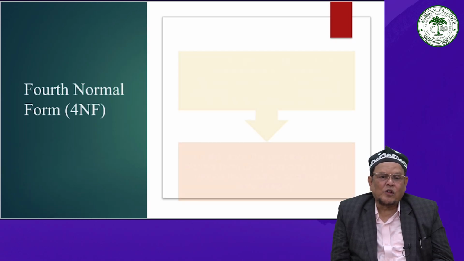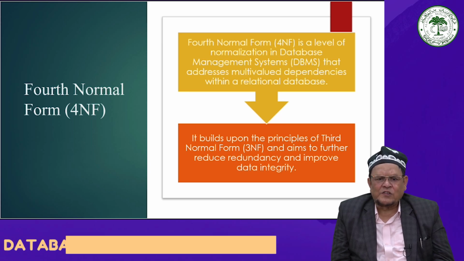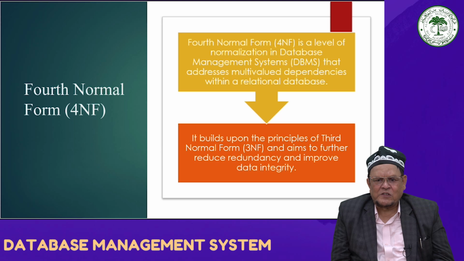So, come to the fourth normal form. The fourth normal form is also a level of normalization in database management systems that addresses multi-value dependencies within a relational database. It builds upon the principles of third normal form and aims to further reduce redundancy and improve data integrity.